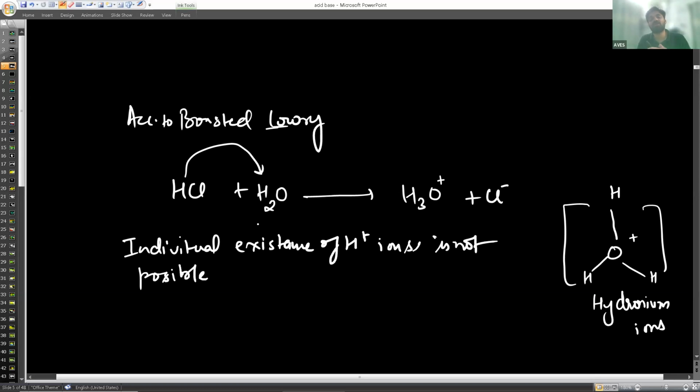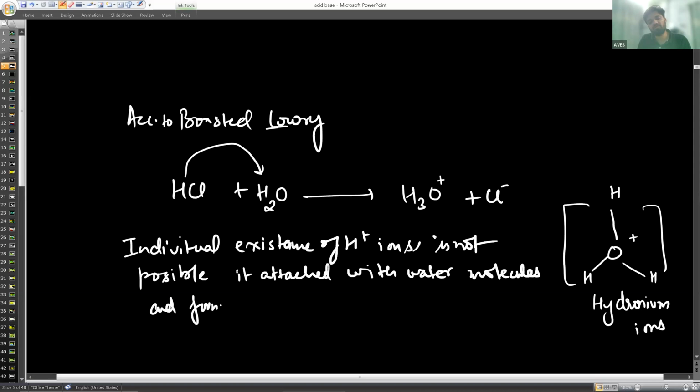So it attaches with the water molecule and forms the hydronium ion.